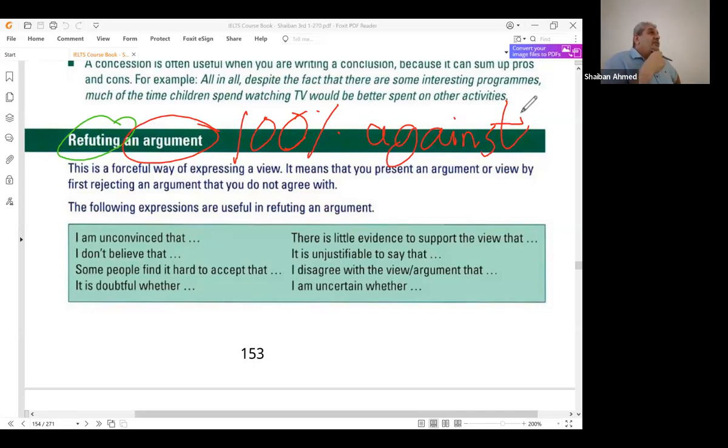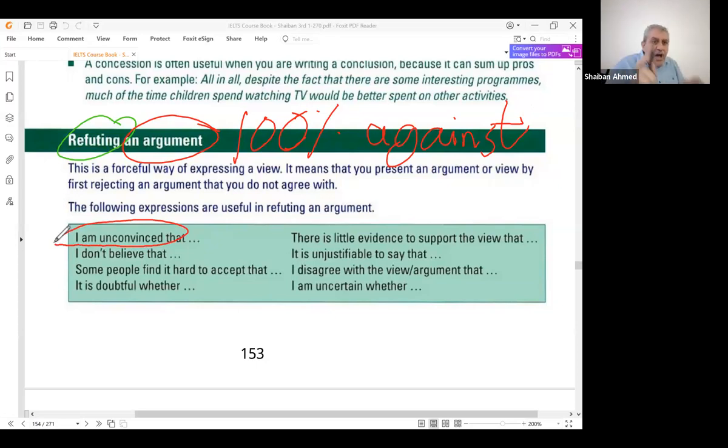So if you say, for example, do you think 15-year-old children can have a driving license? Okay, some parents may say yes, maybe, but for me, I'm not in the middle, even if they know how to drive. No. Here I am against. So here we say, I am unconvinced that. Look here, not although, not though, as in concessional.